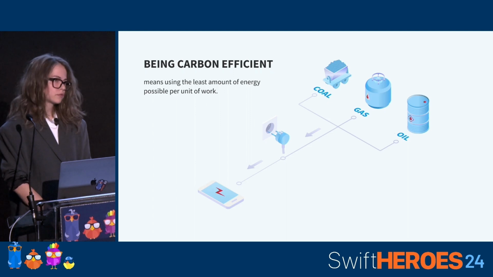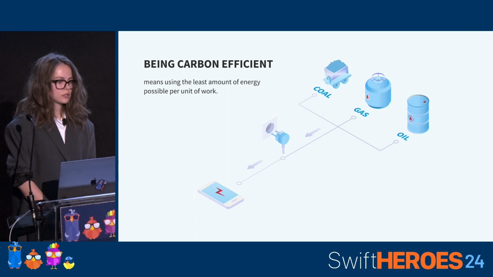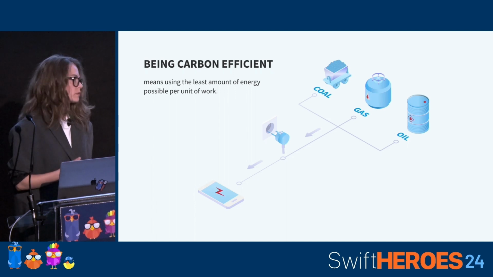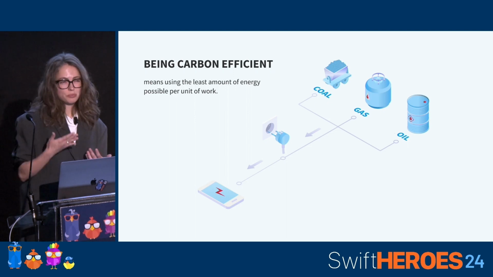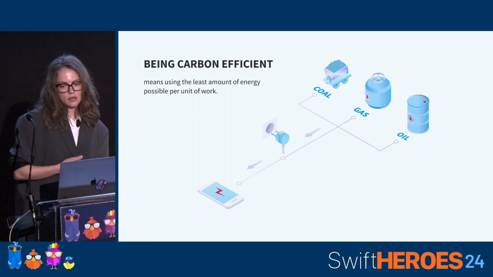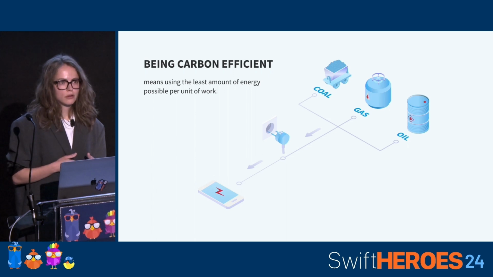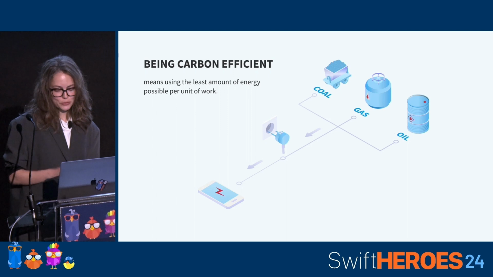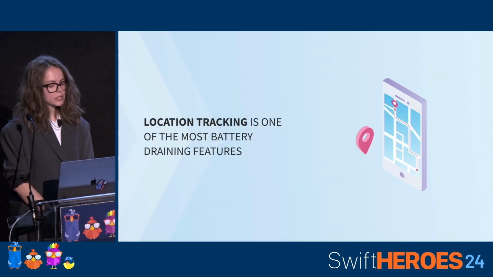Of course, there is no silver bullet, and each solution needs to be tailored based on your specific business needs, your specific use cases. But there are still some standard practices that I hope will help you to find your vector in sustainable mobile app development and will inspire you today. So let's go through some of them.